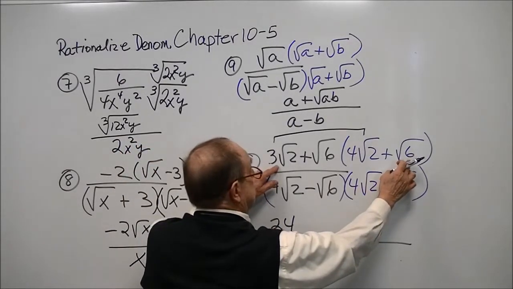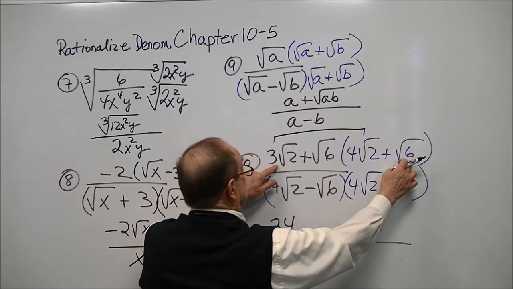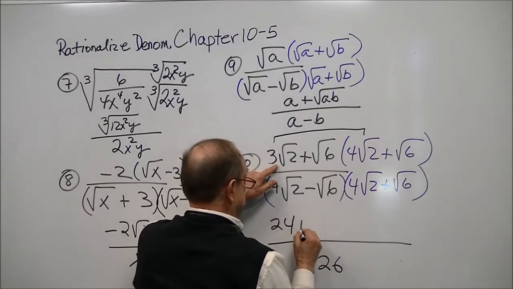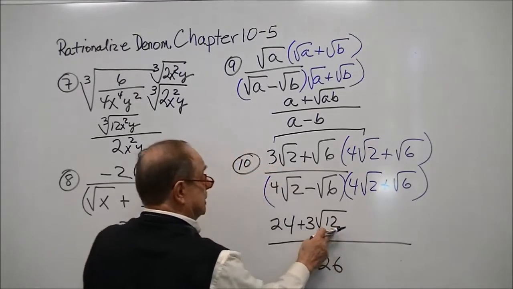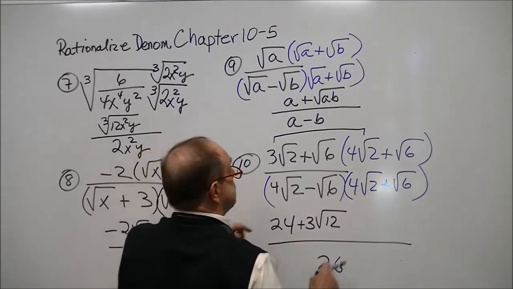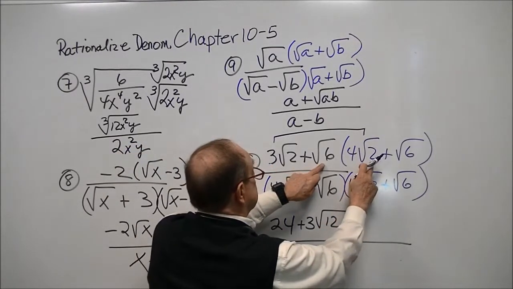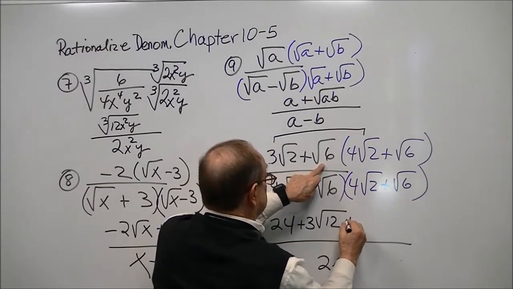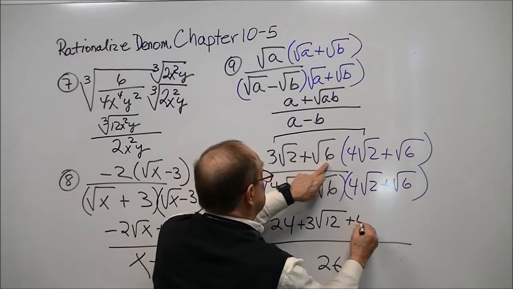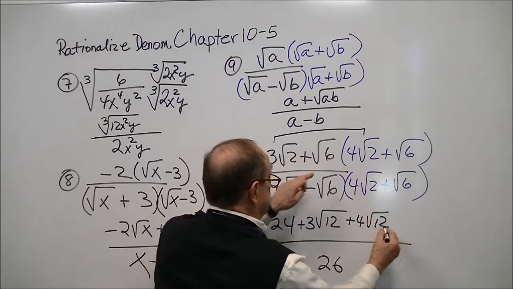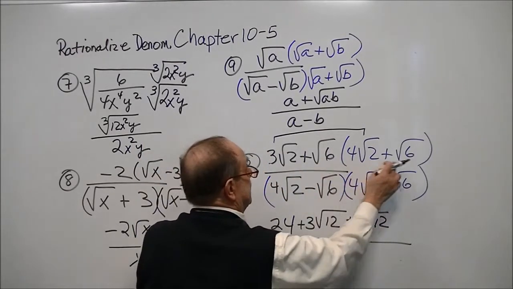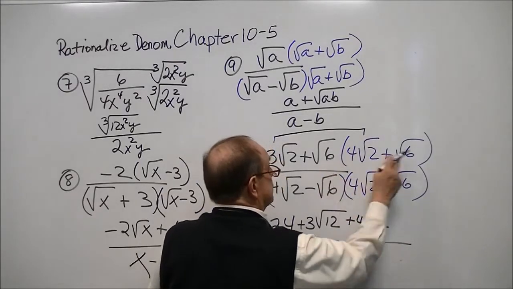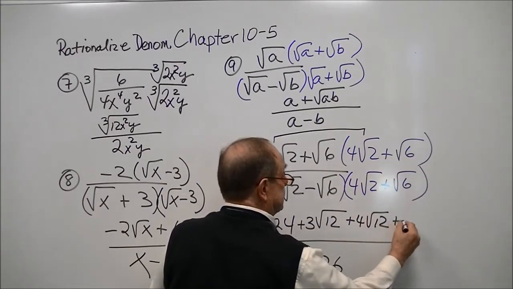Now my outers will be 3, the square root of 12. We're going to have to do something with that. My inners is plus 4, the square root of 12. Again, we're going to do something with that. And then we have the square root of 36, which is 6.